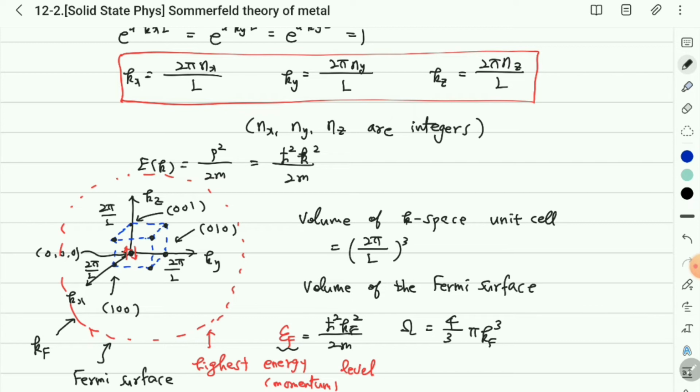When electrons make this spherical ball, the highest energy level is the Fermi momentum, and the corresponding highest energy is the Fermi energy at zero temperature. In this case, the ground state means the zero temperature region.